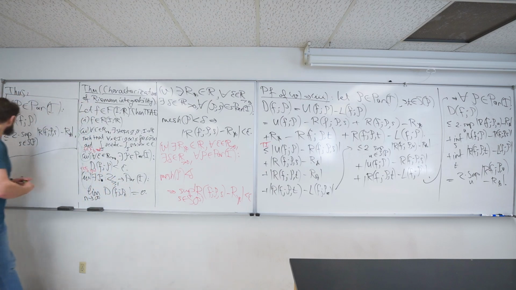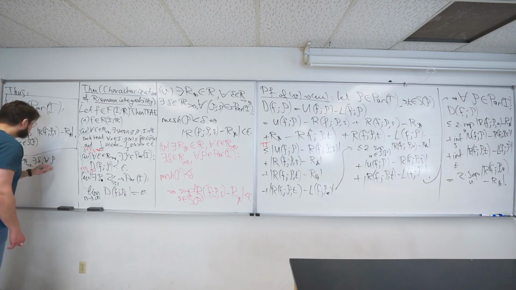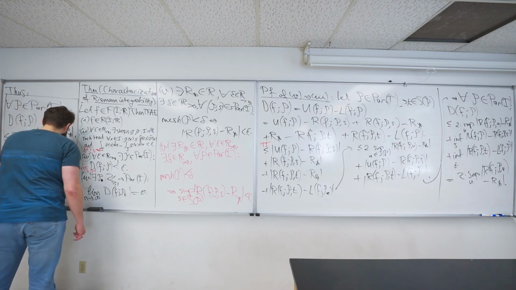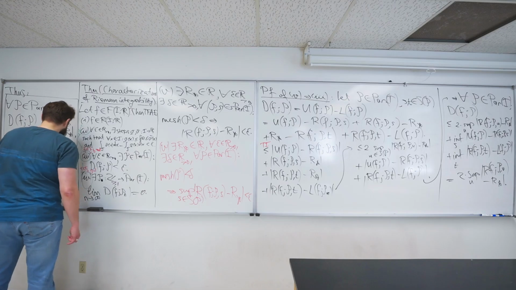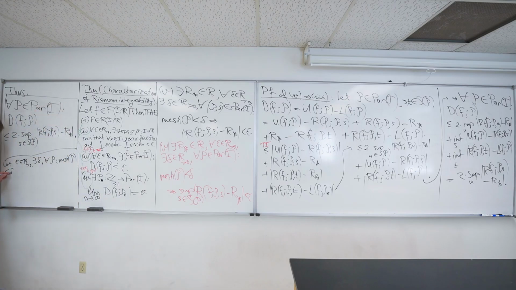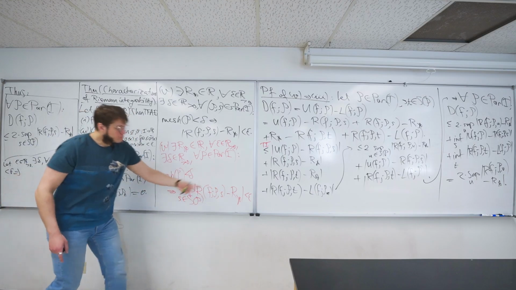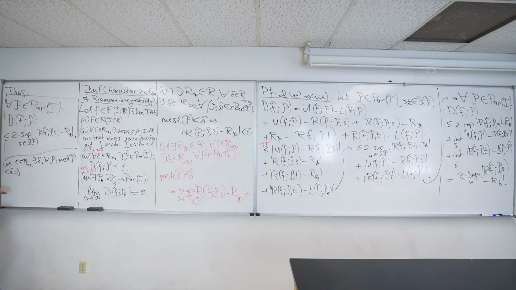I'll do it here. So let epsilon be positive. By hypothesis, there is a delta such that for any P, if the mesh is bounded by delta, then this expression, instead of epsilon, I'm going to use epsilon over 2.